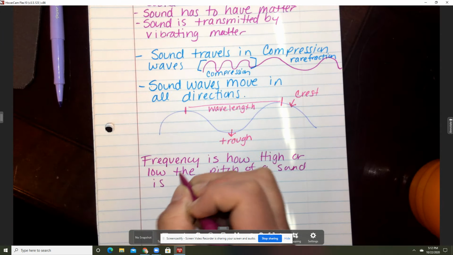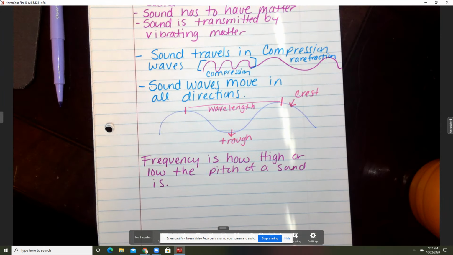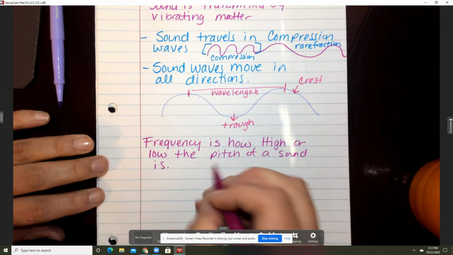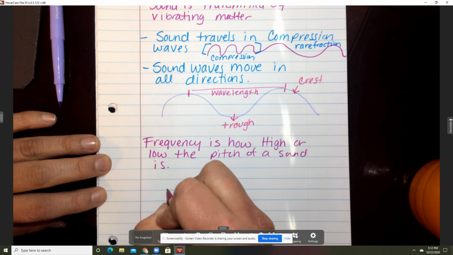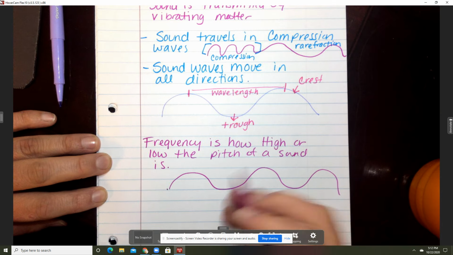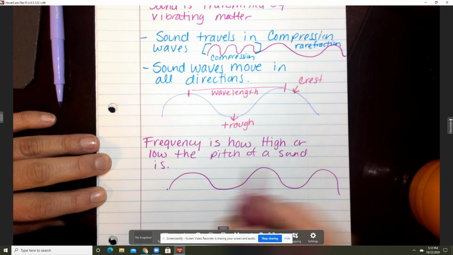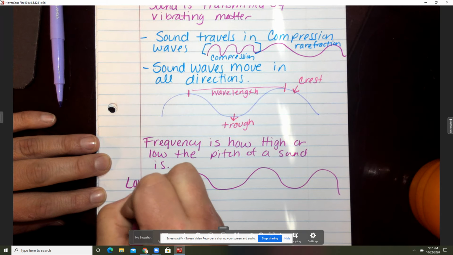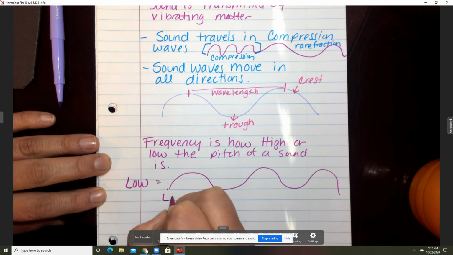So the frequency is how high or low the pitch of a sound is. So if you speak with a low voice, the wavelength is low. See how there's so much distance between the wavelengths? Okay. And it's a lower sound.